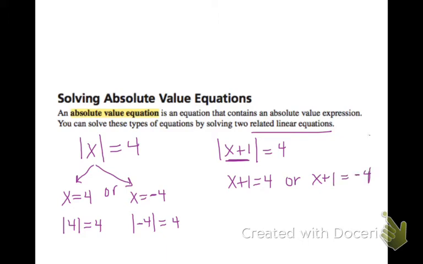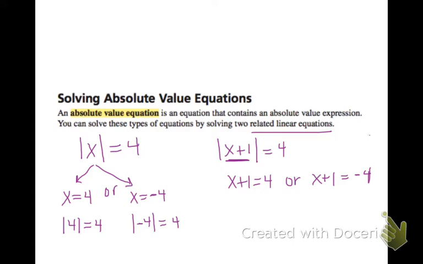If you want to write this down, you could write it on page 20, maybe towards the top. Then we could solve this to find out what values of x would work.